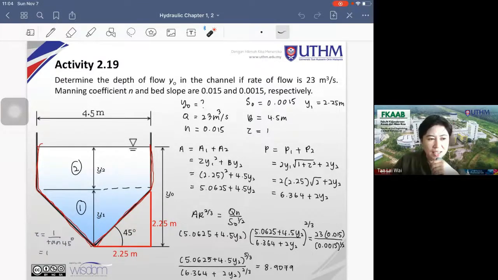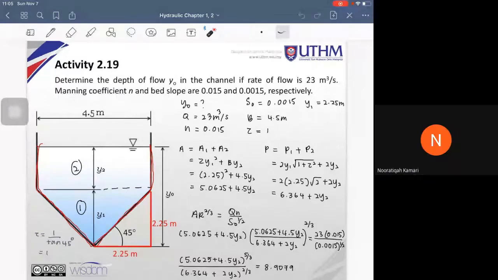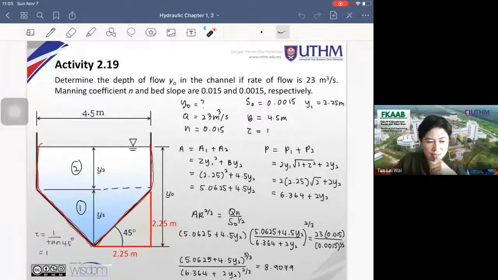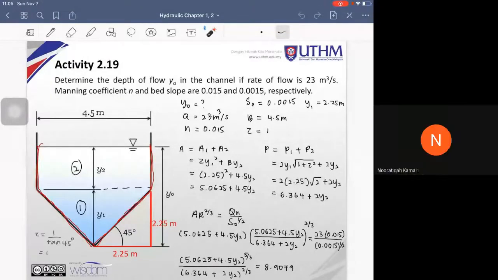Atika, I want to ask, how did you get Y1 equals 2.25? It wasn't given at first, right? On this slide it is already 2.25. Oh, okay. Actually maybe I made a mistake. Let's say 2.25 is not given but only the top width is given, which is 4.5 meter.